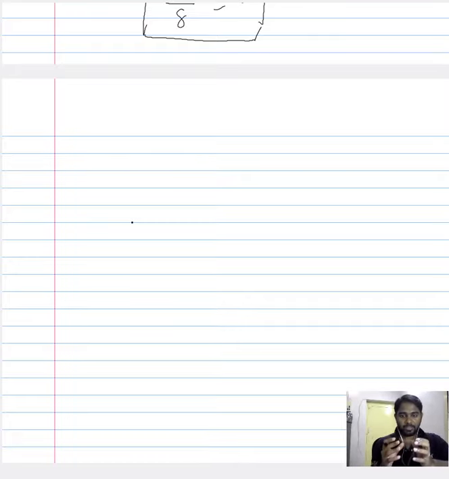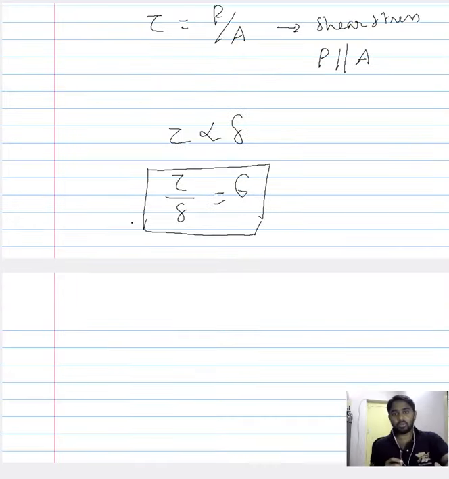When you apply shear stress to a material, there is a change in the shape of the material. It is unlike the change in the dimension. How this modulus helps us to quantify this particular change in shape of the material, we will see in the subsequent class, because to bring that in this lecture will make this lecture quite a lengthy one.